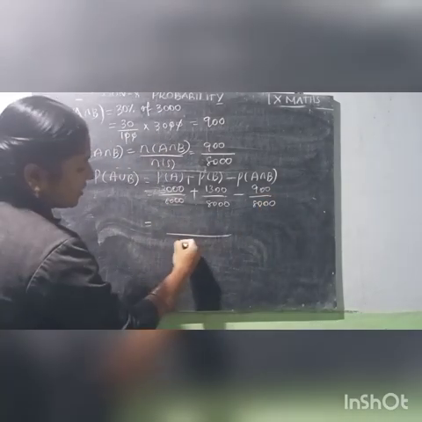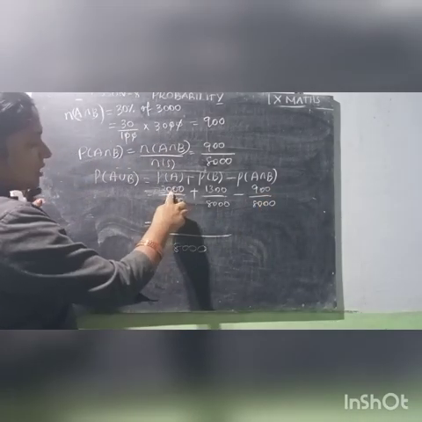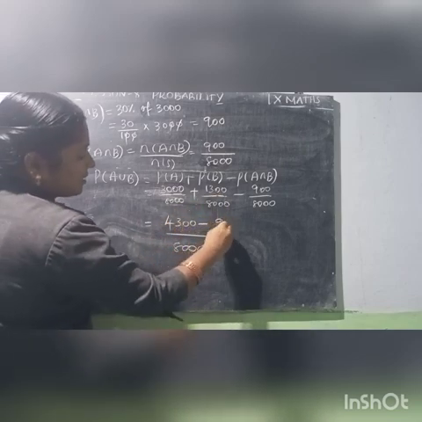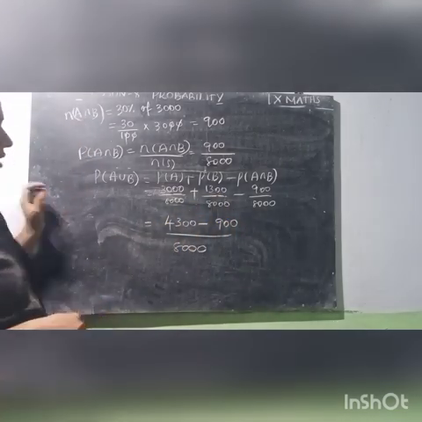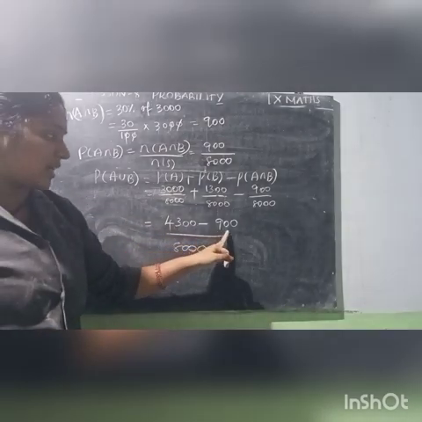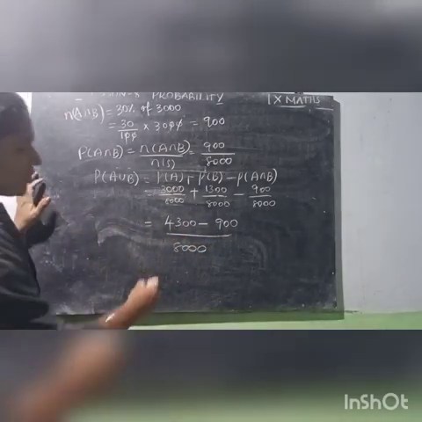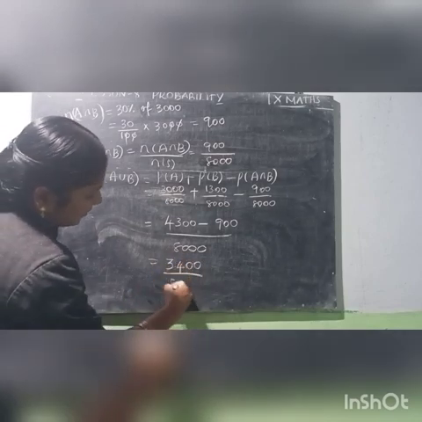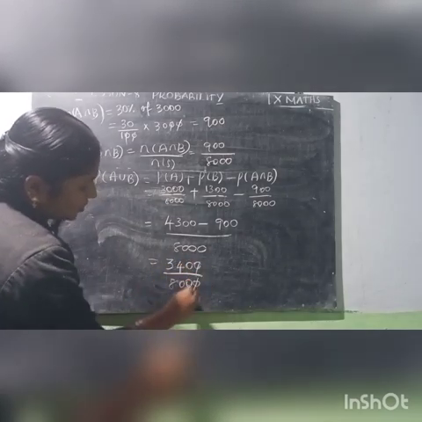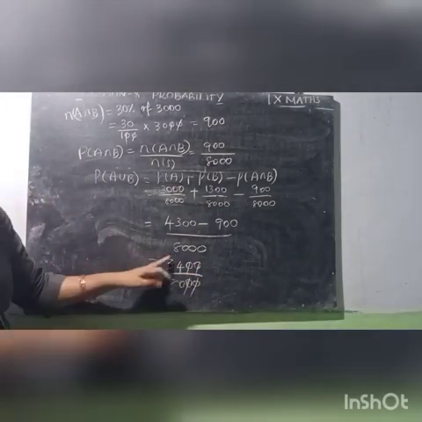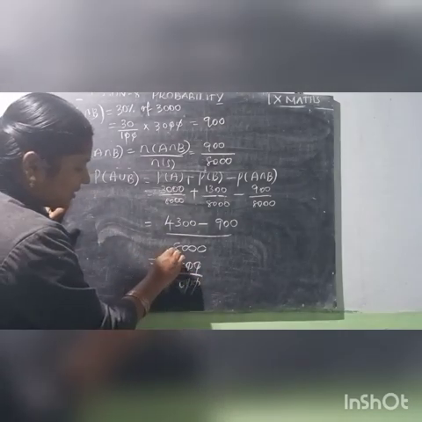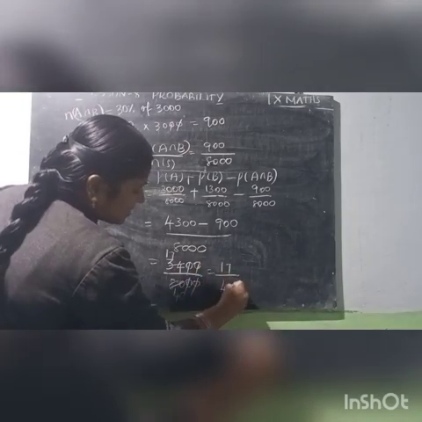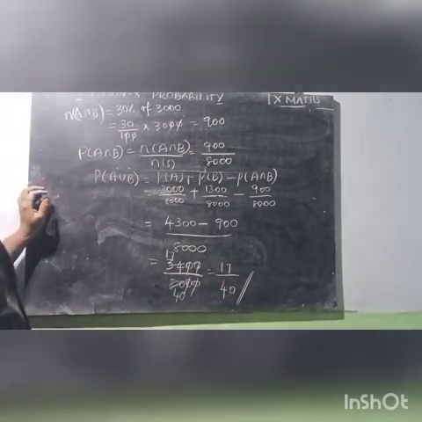So the whole is divided by 8,000: 3,000 plus 1,300 is 4,300, minus 900. Subtracting 4,300 and 900 we get 3,400 divided by 8,000. The zeros get cancelled, and we can cancel by the 2 table, so we get 17 by 40. So the probability value is 17 divided by 40.